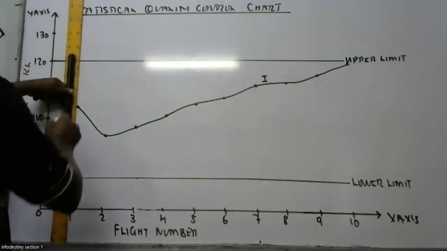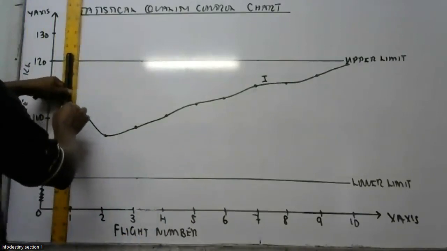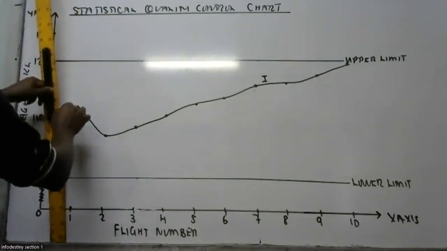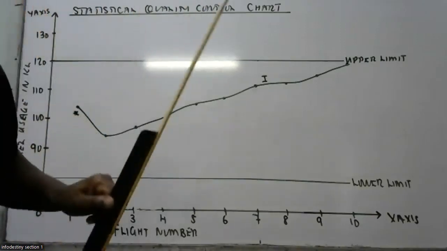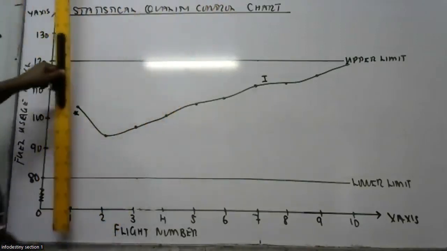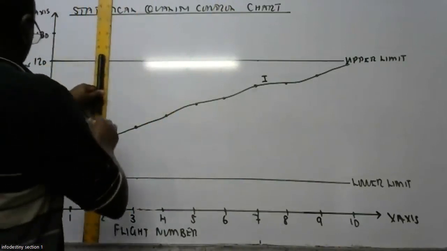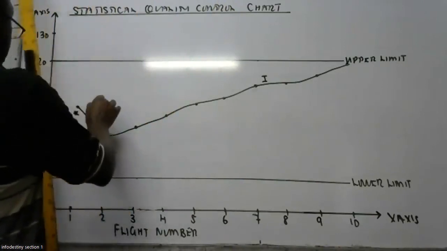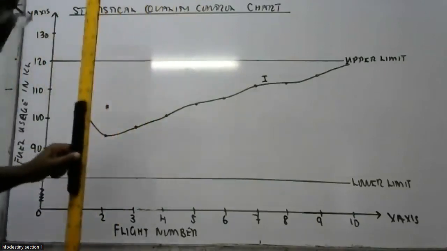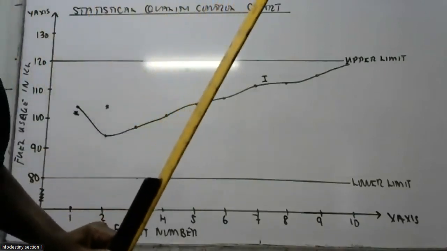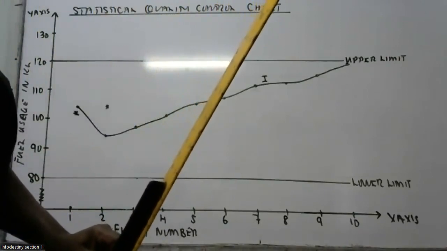We do the same for the next, 103. So 103 is here. The next is 104, so 104 is here. The next is 94, not 104.